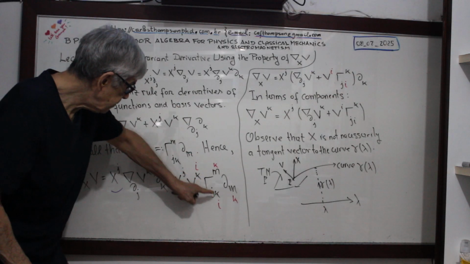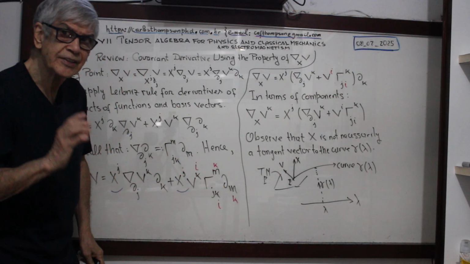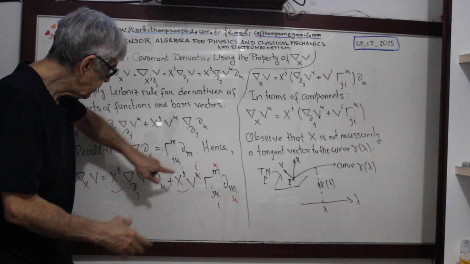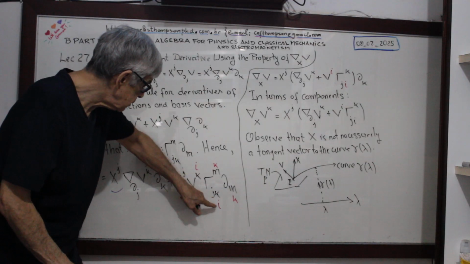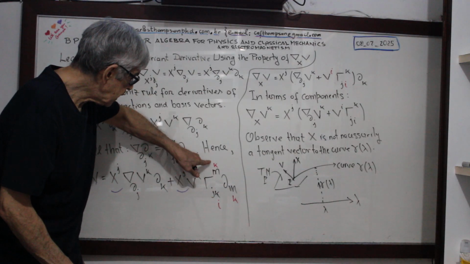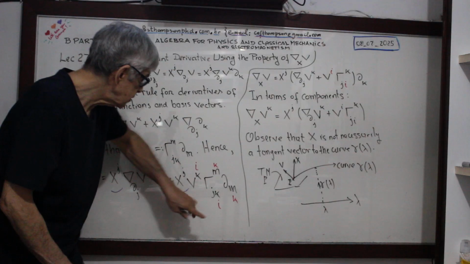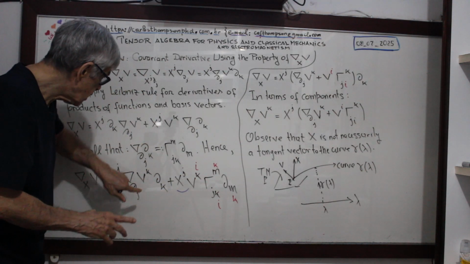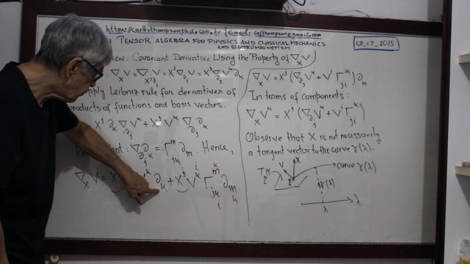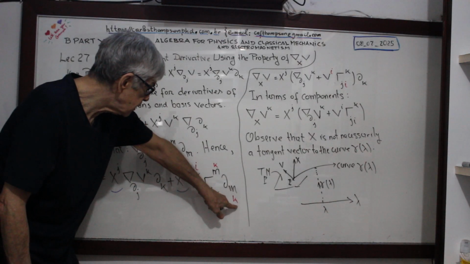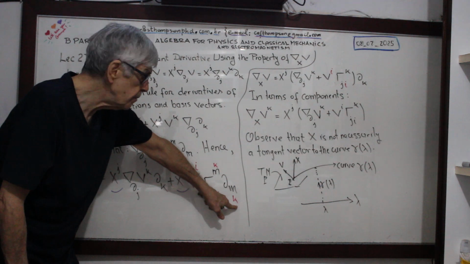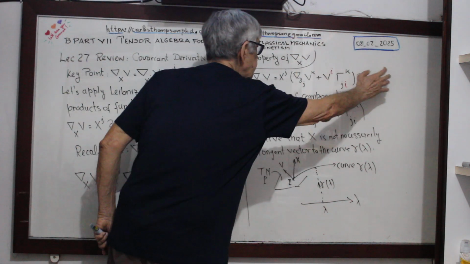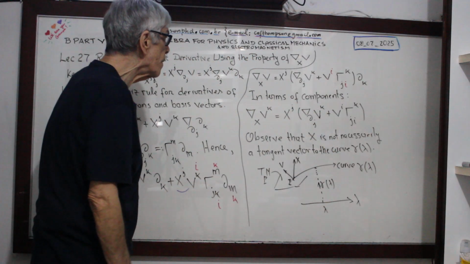Since k and m are dummy indices, I can swap k by i, m by k. And this here I repeat, because I have a partial derivative of x^k, and this is a partial derivative of x^k. You see? So I just substitute and write this expression over there.